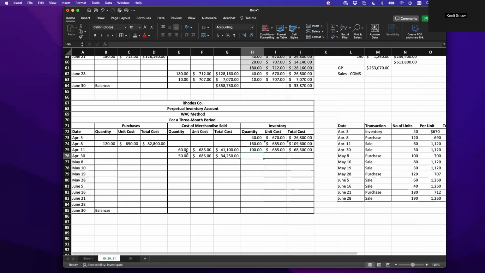We had 100, we sold 50, so now we have 50 more at 685 for 34,250. On May 8th, we're going to make another purchase. We're going to purchase 100 for $700.